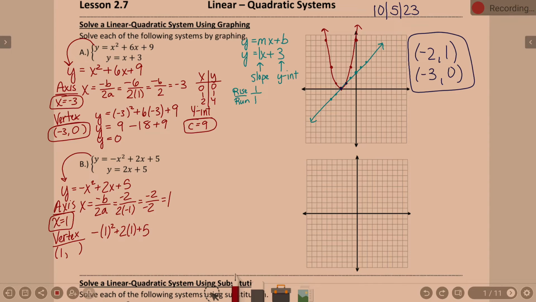Okay, so here's the deal, guys. This equation says to square 1 and then do the opposite of it when it has that negative out front. So we're going to square 1, which gives us 1, and the opposite of 1 is negative 1. 2 times 1 is 2 plus 5. And that's really supposed to be y equals, and I kind of dropped that off for whatever reason. Negative 1 plus 2 plus 5 is 6. So, a vertex of 1, 6.